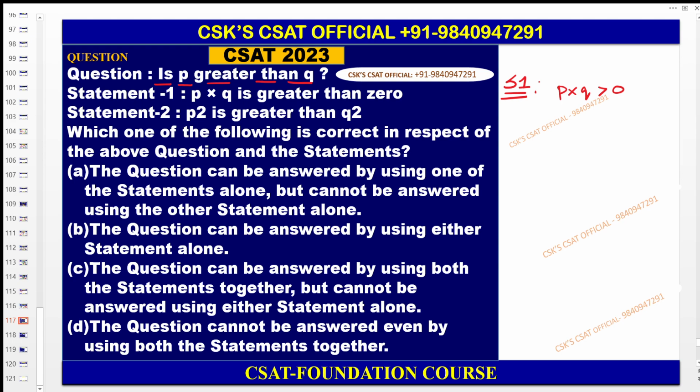Here with statement number 1 you say that P into Q is greater than 0. Take any values here.